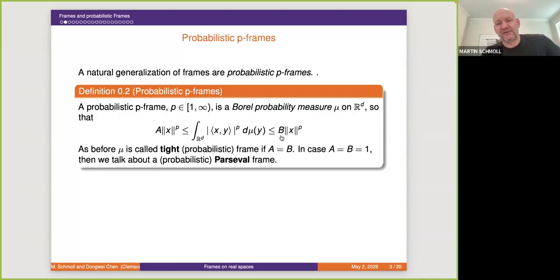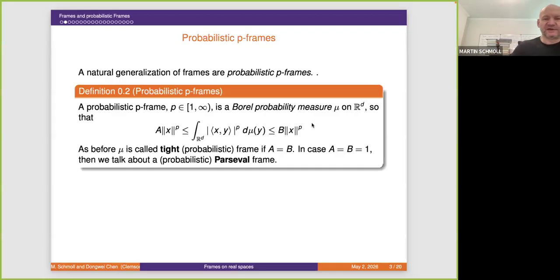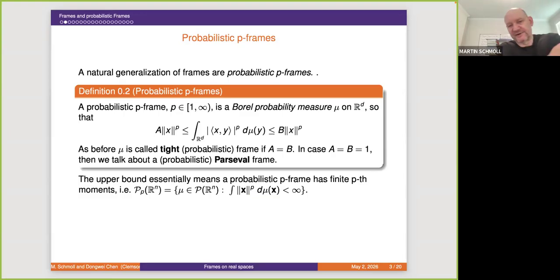But here you see that this condition with B is non-trivial because it could actually happen that your integral diverges. And what this means is the upper bound essentially implies that a probabilistic p-frame has finite pth moments. You can quickly show that this is pretty much the same. So you want to restrict to those.